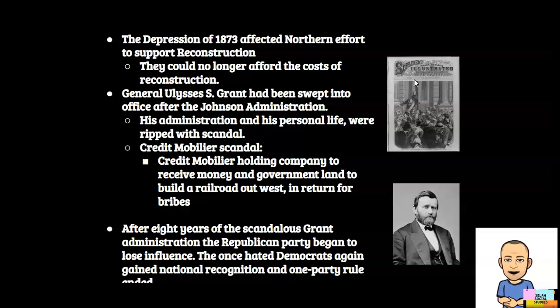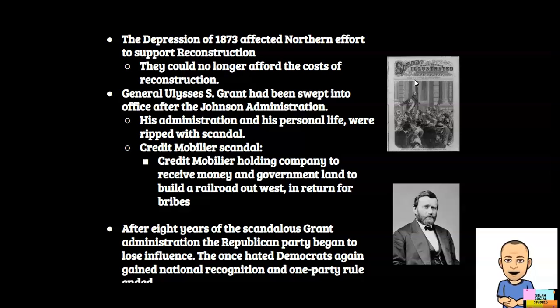So it was a scandal-plagued presidency that had many issues, like the Crédit Mobilier scandal. Key administration members arranged for the Crédit Mobilier holding company to receive money and government land to build a railroad out west, and in return they had these bribes that were given, and the railroad was never built. So he was having those type of problems.